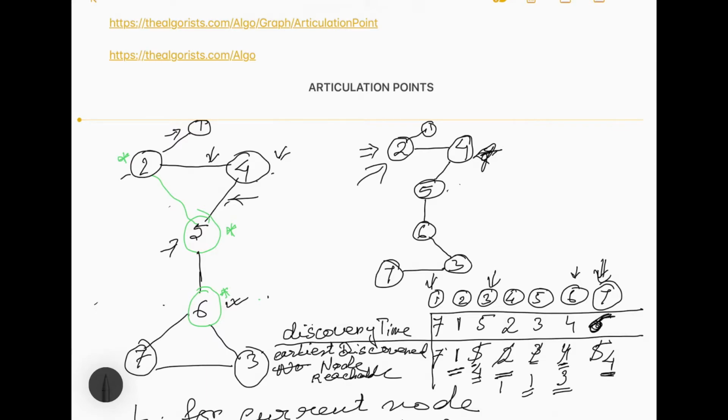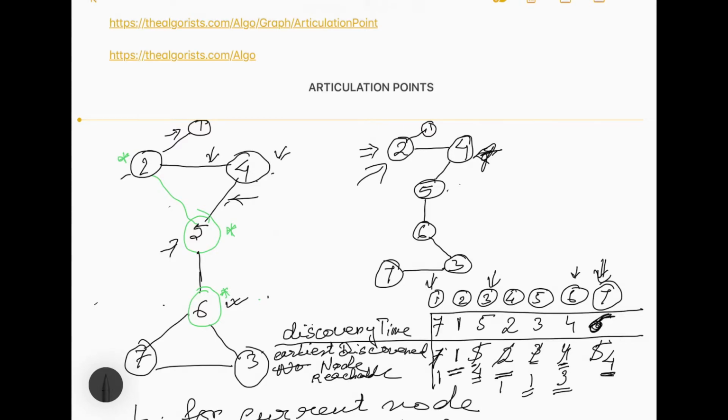So we compute the minimum of the current earliest discovered node reachable and the discovery time of 2, which is 1. So we update the earliest discovered node reachable from 1 to be the node which has discovery time 1.